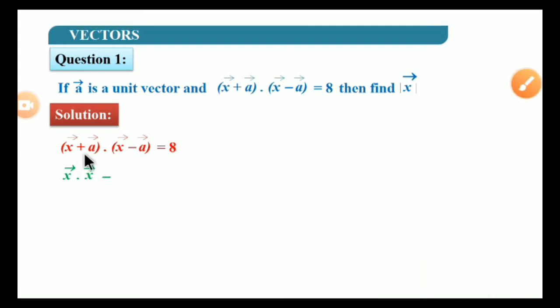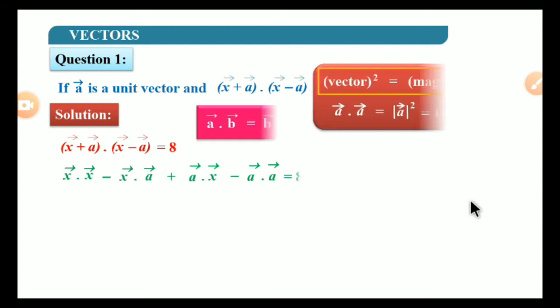So x · x, and next plus into minus becomes minus, and x · A, plus into plus, so it becomes plus. A · x is here, plus into minus, so it becomes minus. Next A into A means vector A · vector A. Now it is equal to 8.